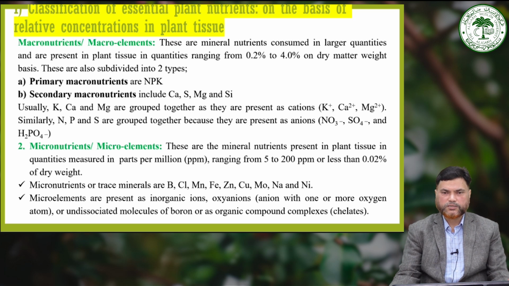These micronutrient minerals include boron, chlorine, manganese, iron, zinc, copper, molybdenum, sodium and nickel. And these microelements exist in various forms including inorganic ions, oxyanions, or undissociated molecules of boron, as well as in organic compound complexes known as chelates.